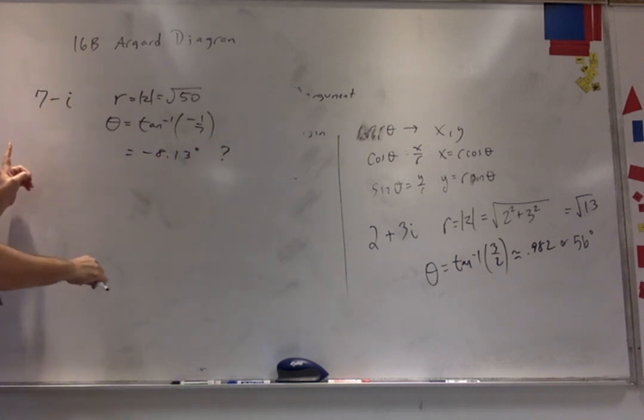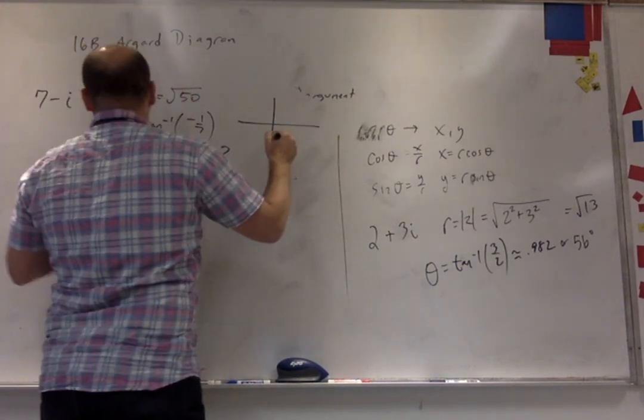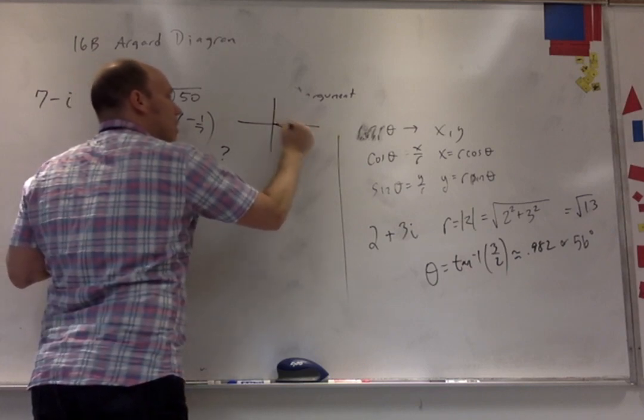Well, I'm looking at my picture, right? 7, negative 1, so it's here.